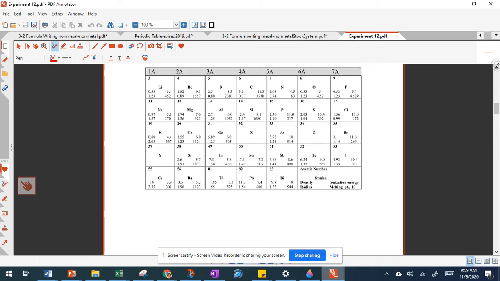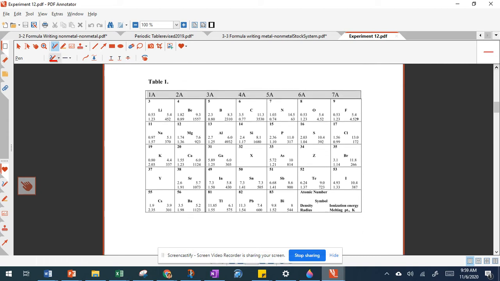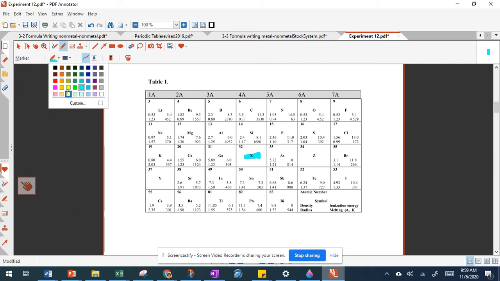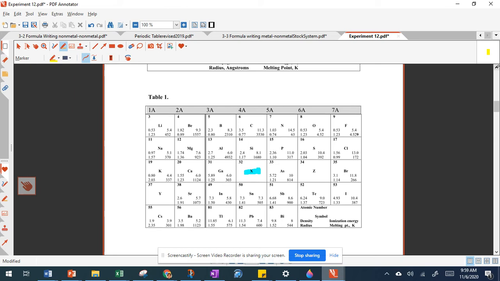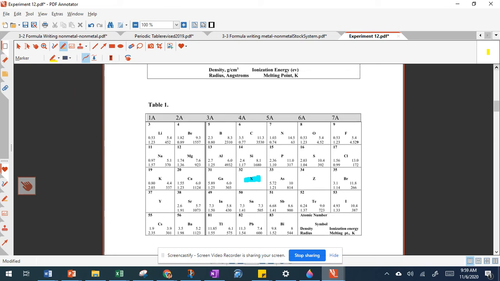Here we have element X. And I'm going to highlight it. What I want you to notice is the element X is right between silicon and tin in the group it's in, and it's right between gallium and arsenic in the period it's in. So I want to look at the elements around it. If we were to predict the radius, remember the radius is in the lower left-hand corner.